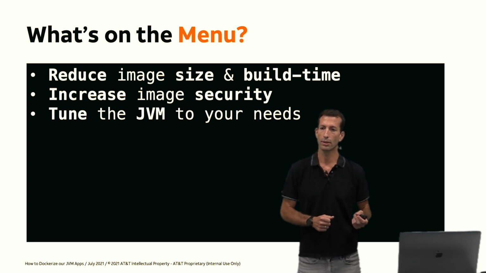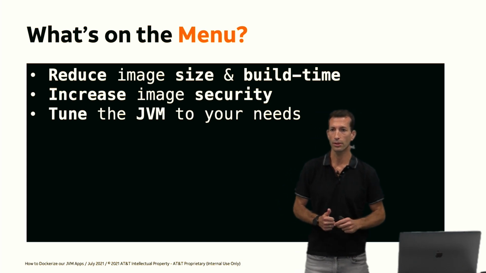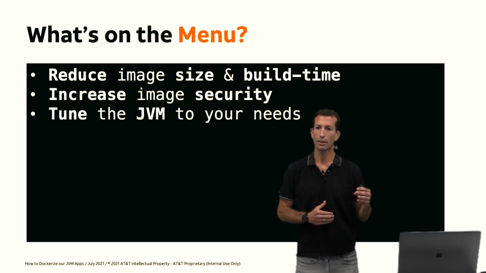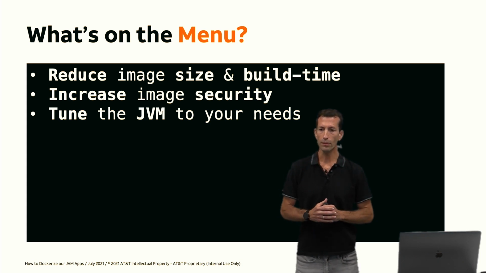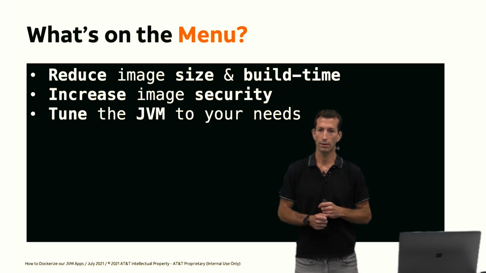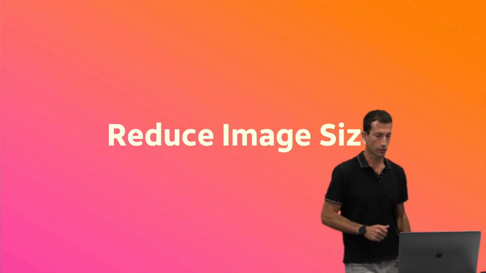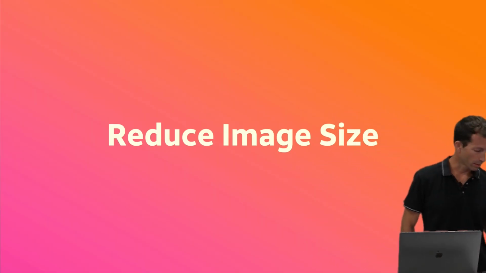And the third thing we're going to be talking about is tuning the JVM to our needs. Most of the points that we're going to be tackling have nothing to do with Java or the JVM, but I do want to address that topic in the very last point. So we're going to jump right in with talk about reducing image size.